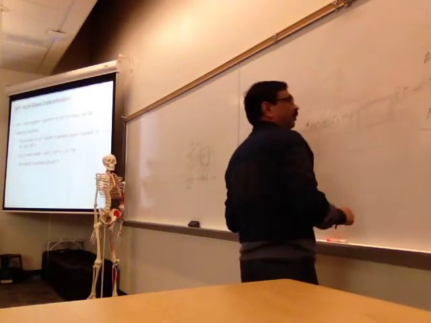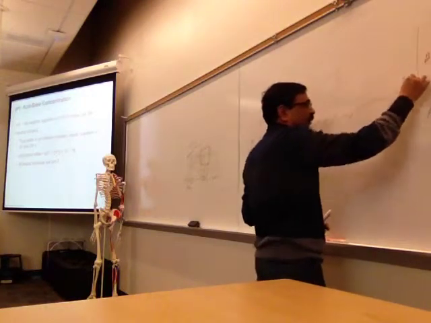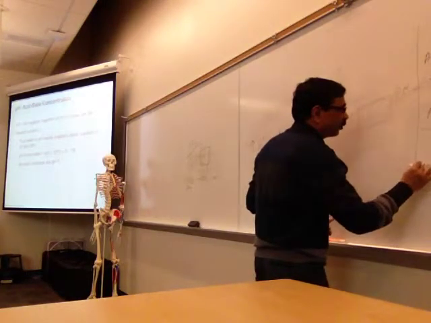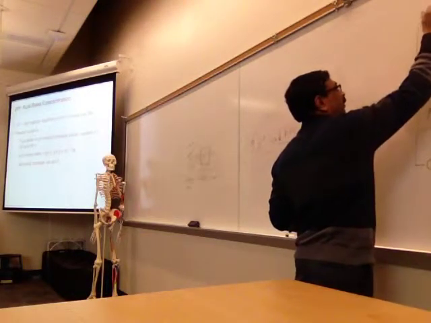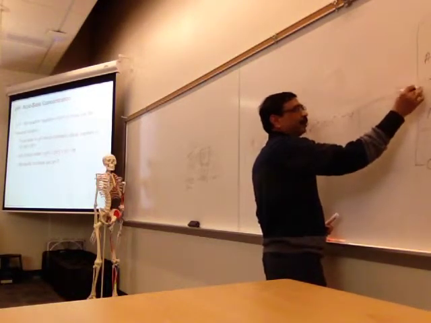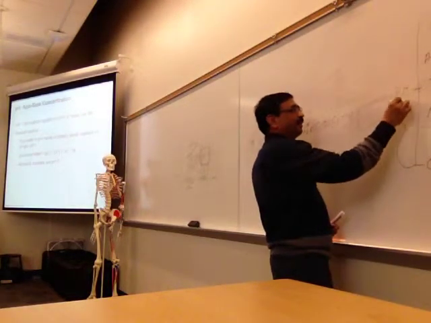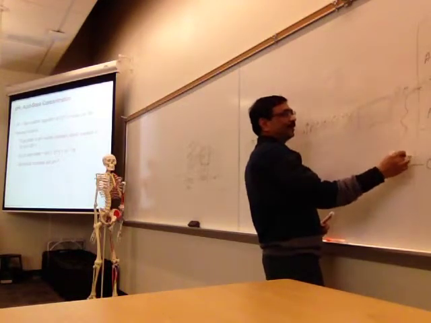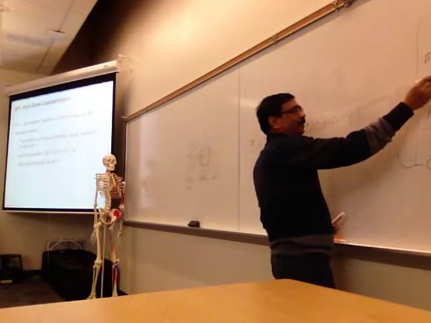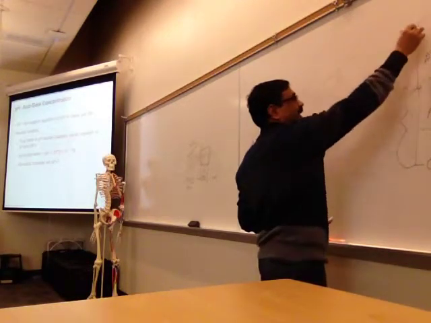Okay? So if you see the pH scale, it goes from 0 to 14. Middle is 7.0, which is neutral. 0 to 6.99 is acidic, and from 7.01 to 14 is alkaline.